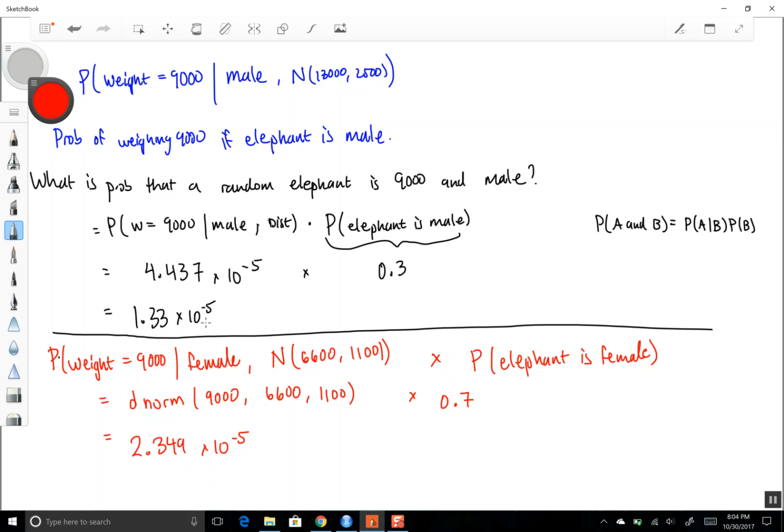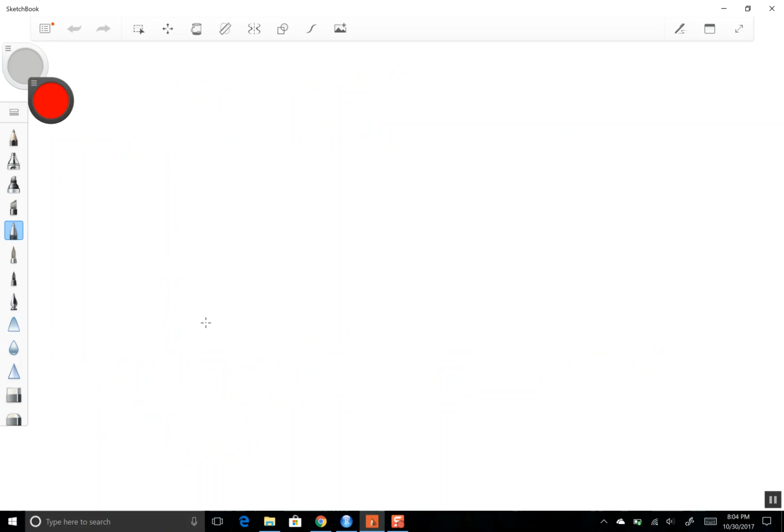Okay, so these are my numerator values. And then my denominator value, all right, so the denominator is basically just the sum of the numerator values.